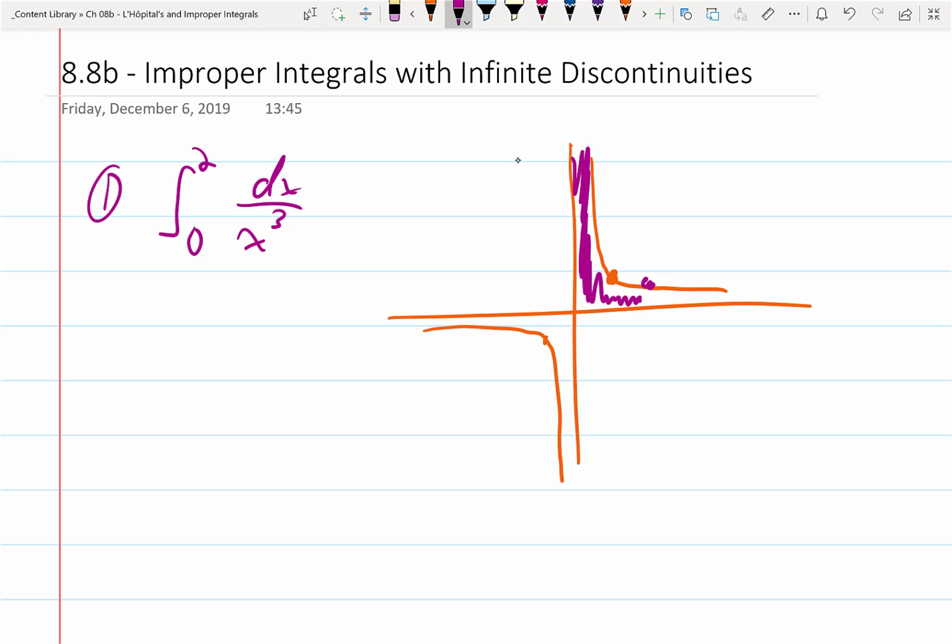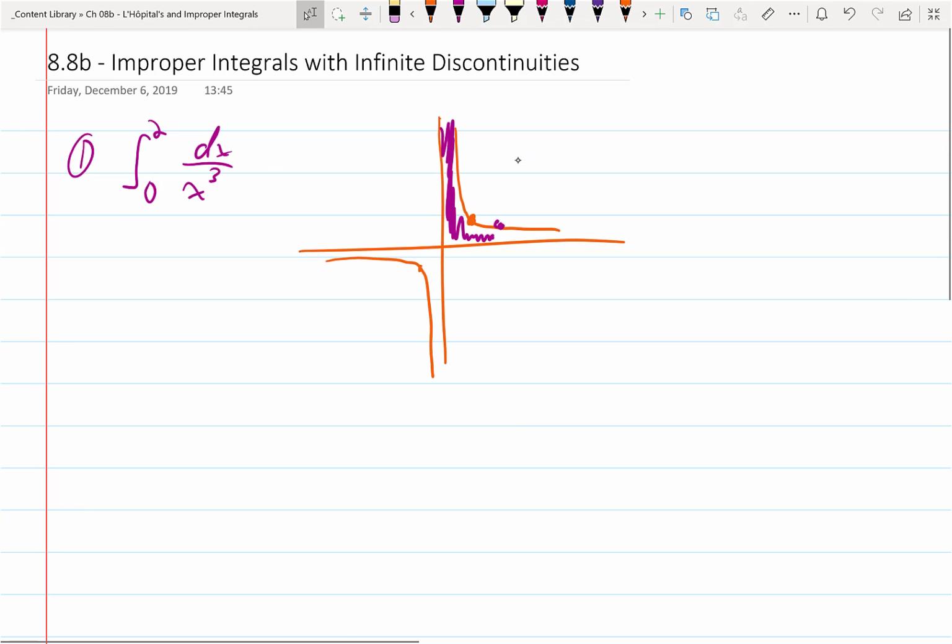It's not a limit to infinity as we go right, but it is about the same kind of limit to infinity. You just need to see whether it approaches the axis fast enough or not. So we separate this into a limit, and I take the limit as a approaches 0.